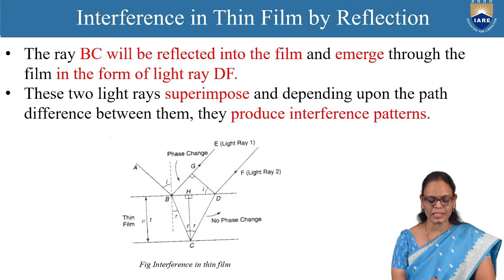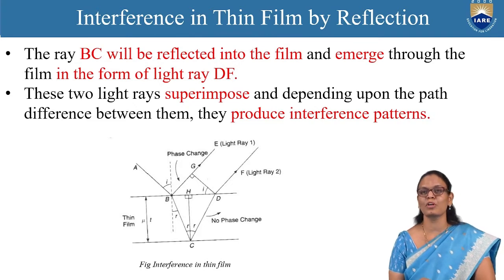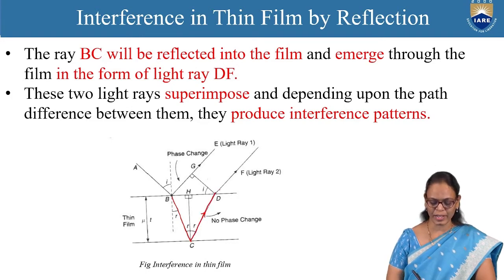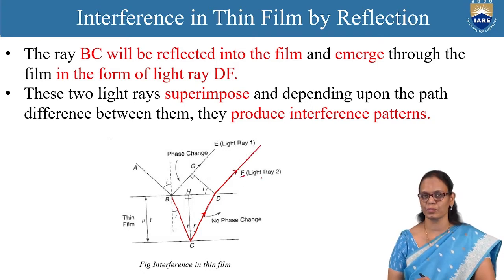Now the ray BC will be reflected into the film and emerge through the film in the form of light ray DF. After touching the bottom surface, BC gets reflected back and then emerges out as DF. So DF represents light ray 2.